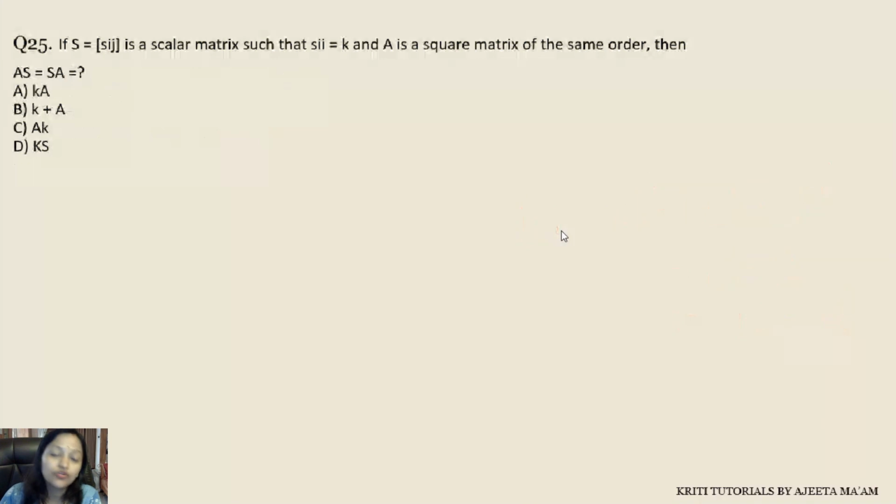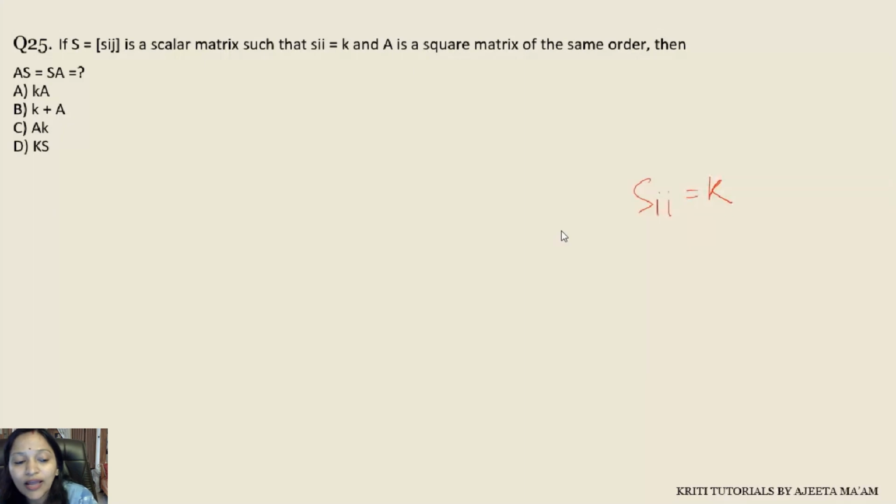Now the last question for the test. If S, Sij, is a scalar matrix such that Sii is K, and A is a square matrix of the same order, then AS is equal to SA is equal to what? The important point is that Sii is equal to K. Whenever Sii is equal to K, all the diagonal elements are the same.